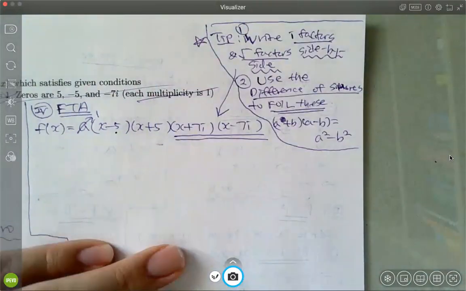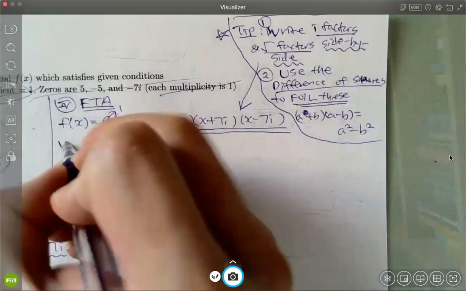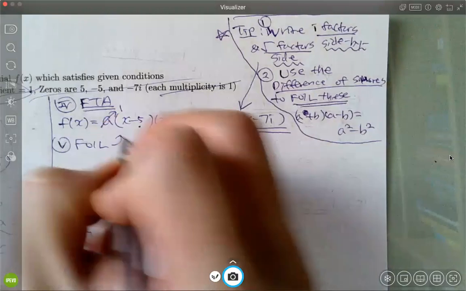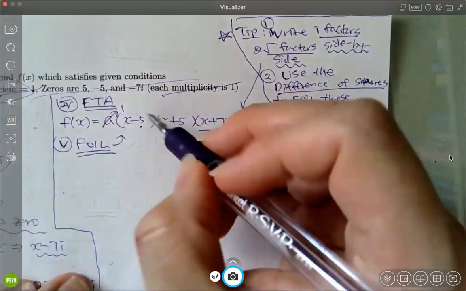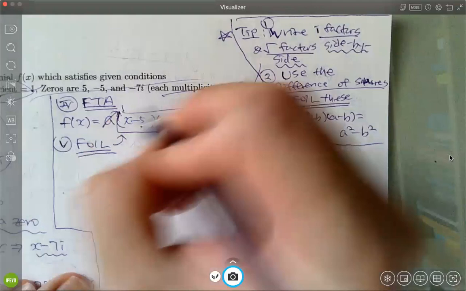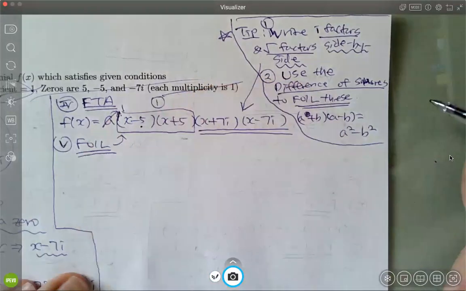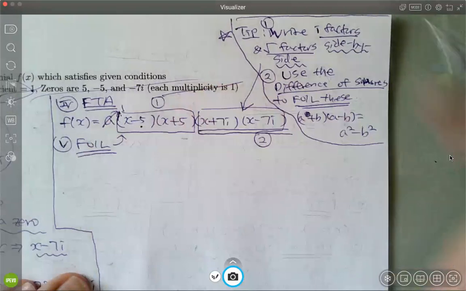And now let's now FOIL this. Okay, now normally when you FOIL, you'll go from left to right, but no, here's my suggestion. FOIL this one, and then step number 2, FOIL this, and then step number 3, FOIL in the middle.